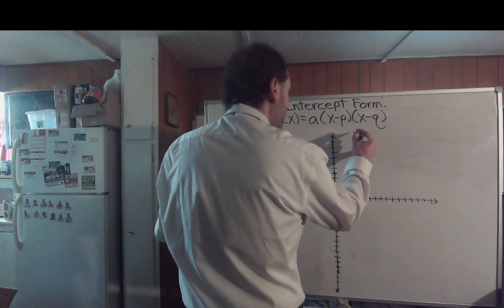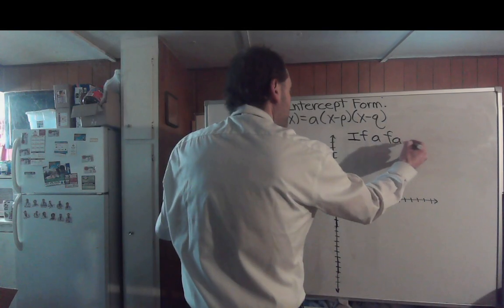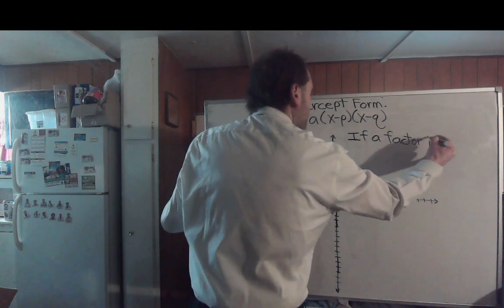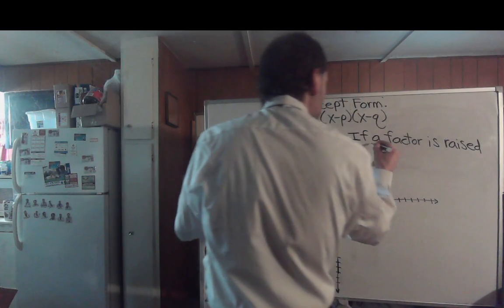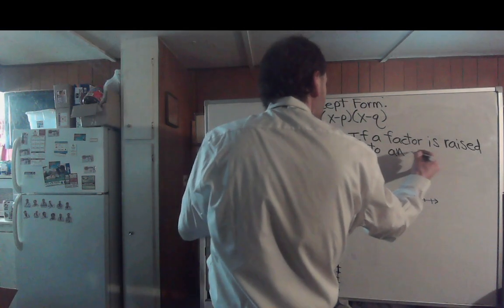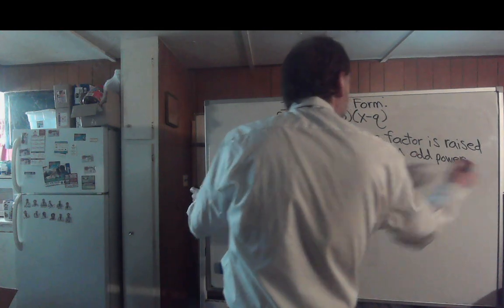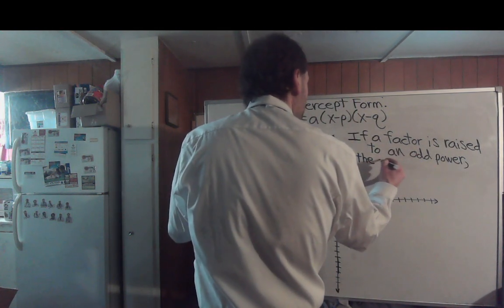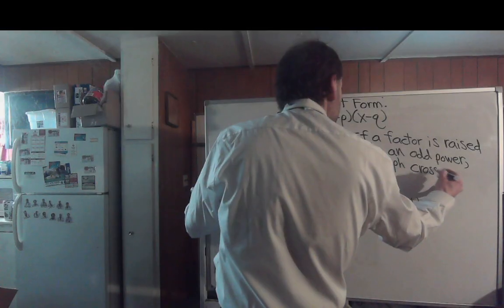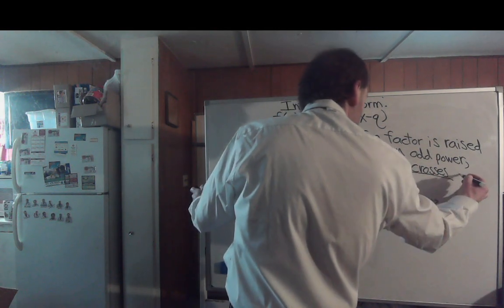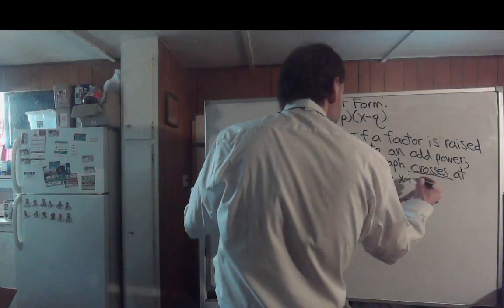So if a factor is raised to an odd power, the graph crosses at the x-intercept.